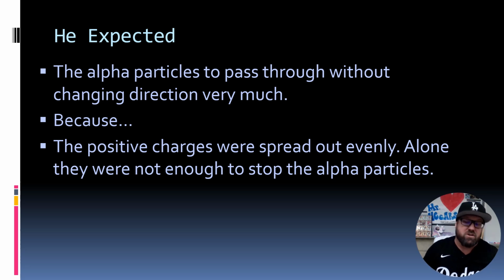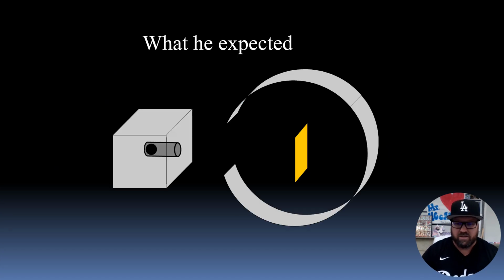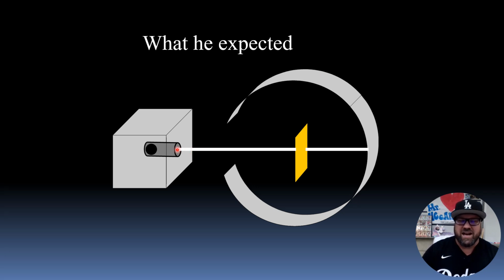Now, he didn't think this was going to happen because of the plum pudding model that J.J. Thomson developed, okay? But what he would find would change the world. So here's what Thomson expected. He expected, I hope you like my pew sound effects, that almost 100% of the particles would blast straight through the gold foil because there's no strong positive force in atoms in the plum pudding model to stop the alphas, right?